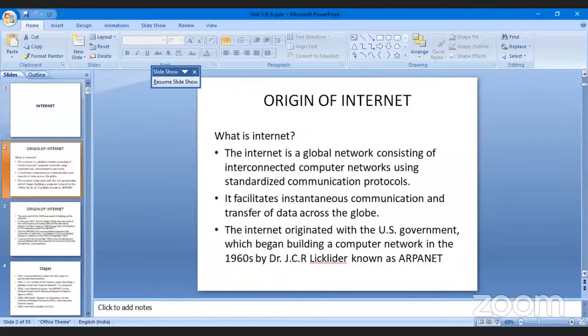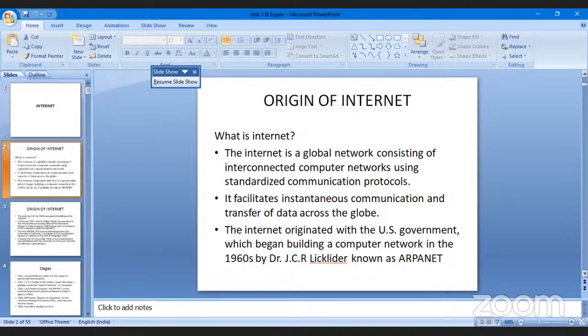Within no time, the communication reaches the other person. And data can be transferred across the globe, not only in one particular region or country, but within a few seconds.